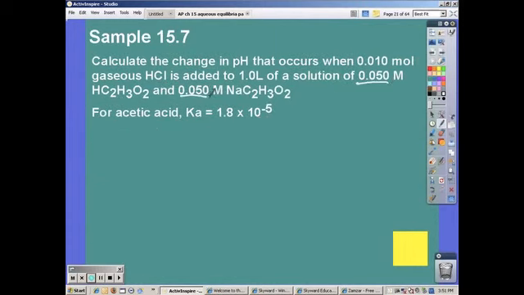We have HCl being added to a buffer. So you need to figure out what the HCl is going to react with. In this case, it's going to react with the sodium fluoride. You need moles of each thing.